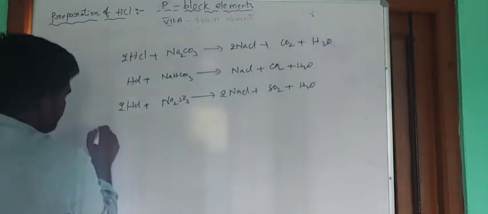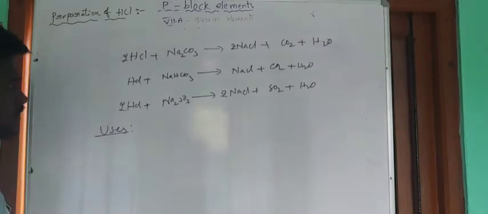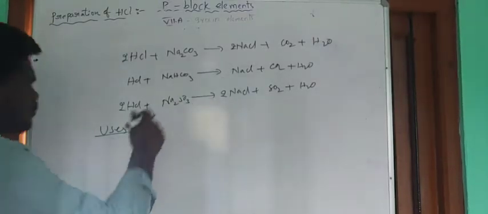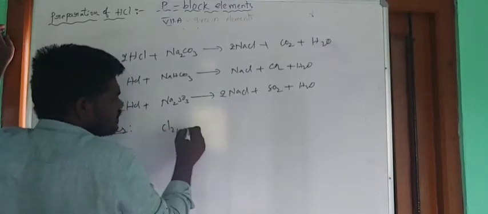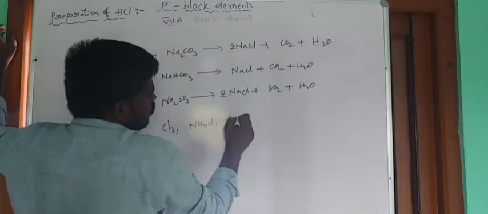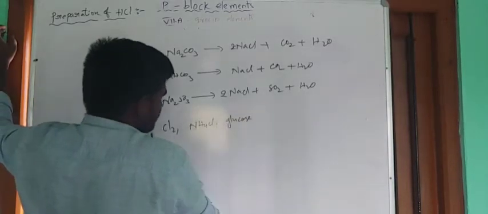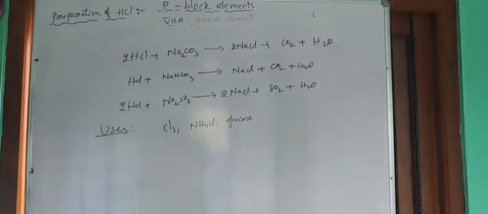And the next one, uses of hydrochloric acid. Hydrochloric acid is used to manufacture chlorine gas, and the next one ammonium chloride, and next one glucose. So in the manufacture of these three substances, hydrochloric acid is used.